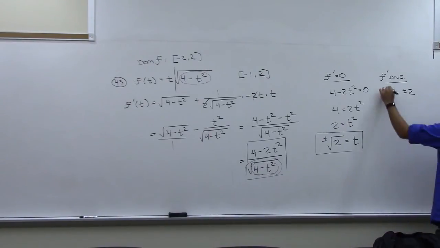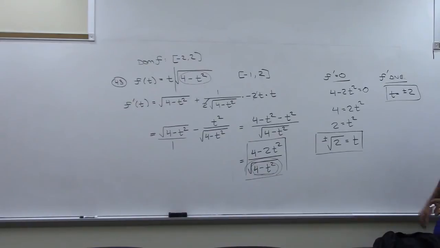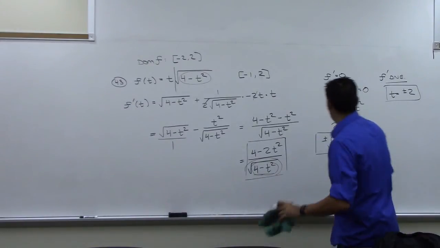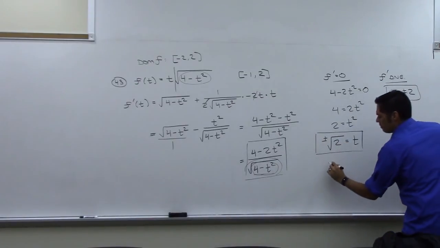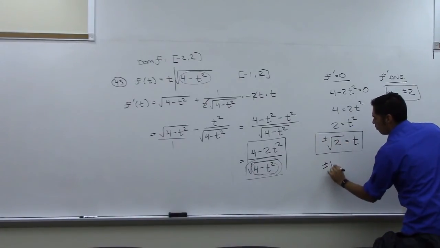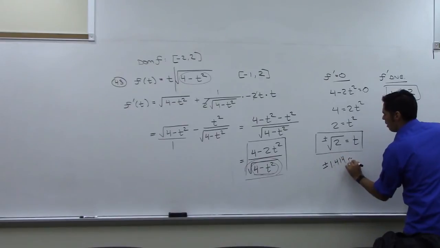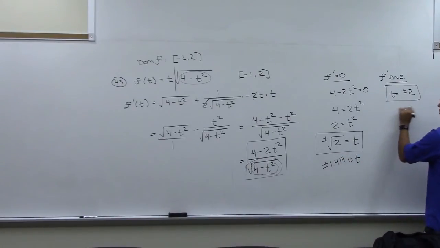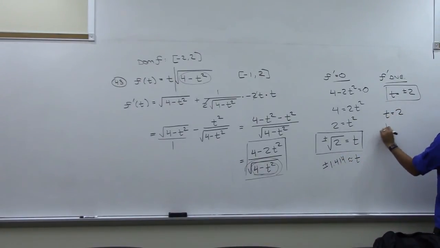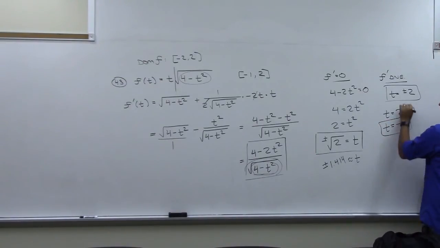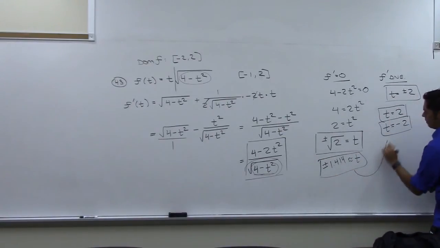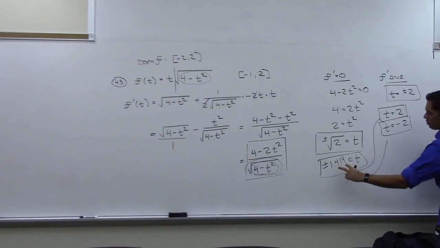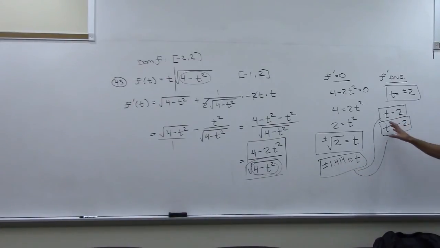So I have a total so far of 4 potential critical numbers. Now, how many of these critical numbers live inside of the interval? Remember, root 2 is approximately 1.414. And then of course here, t is 2, t is negative 2. Which of these 4, 2 of them here and 2 of them here, live inside that interval?